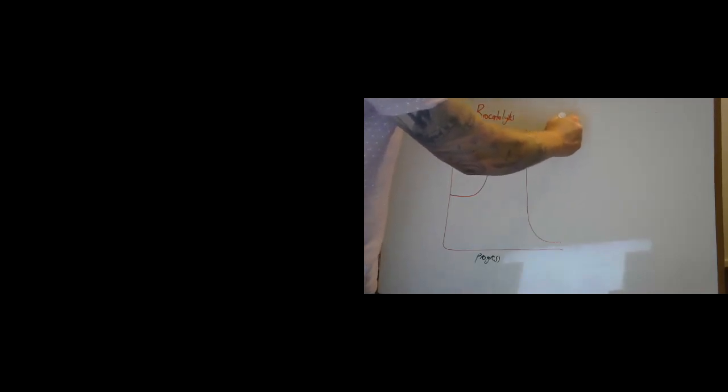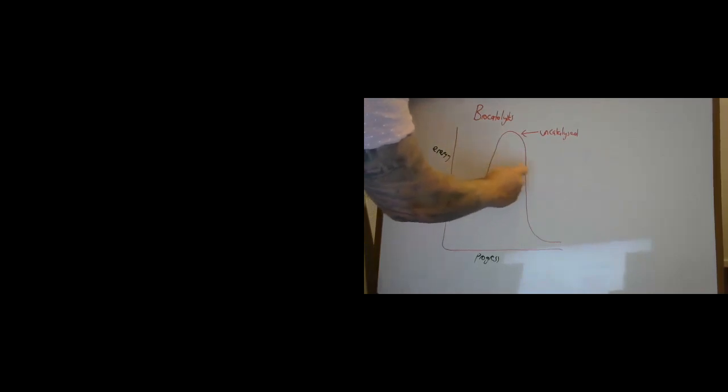So this is the uncatalyzed pathway. Here we have the enzyme catalyzed pathway. So you're getting the same thing for a lot lower energy. The activation energy is much lower when you add in an enzyme.